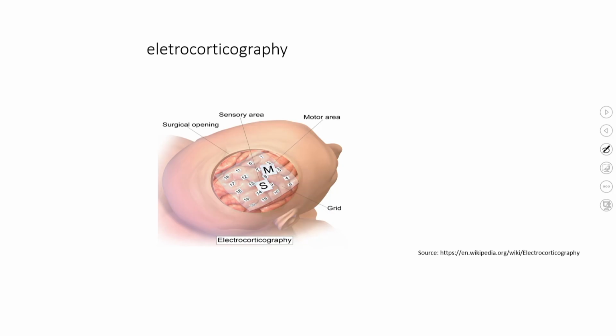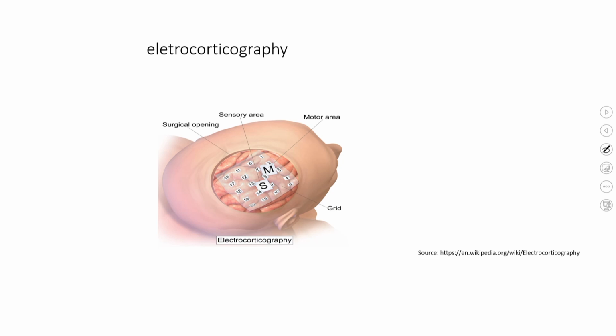This is how electrocorticography looks. This is a grid, and this is not an actual picture of any actual person, it is for representative purposes only. So, we have the motor area, we have the sensory area, then we have the surgical opening, and this is what we are looking at.